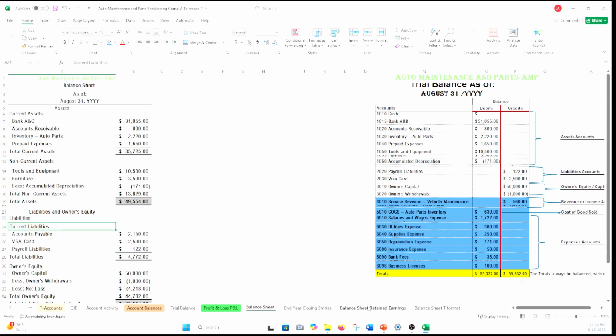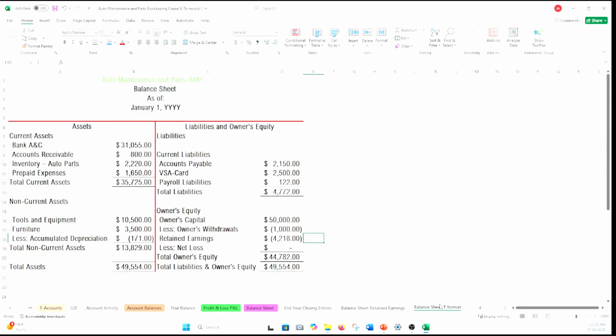But in accounting, we say the other format is the T format, and we have the T format here. You see I highlighted the T in red just to emphasize that concept.